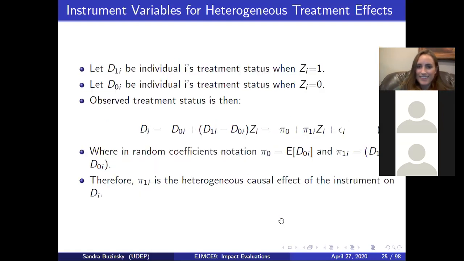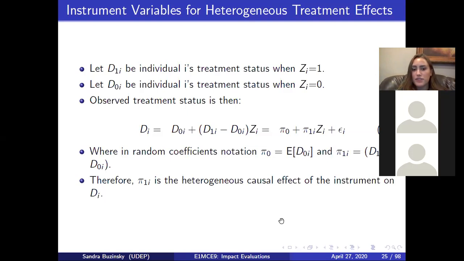So many letters. Okay, so let d1i be individual i's treatment status when zi equals 1. So d1i is your treatment status if you are treated by the instrument, when the instrument variable is true. And let d0i be individual i's treatment status when zi equals 0.